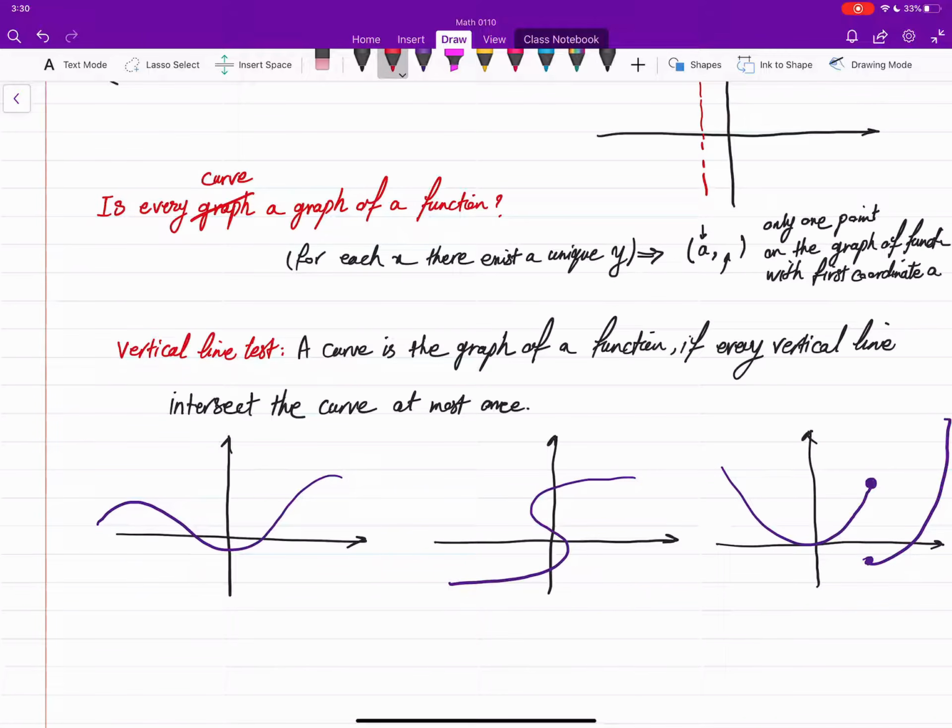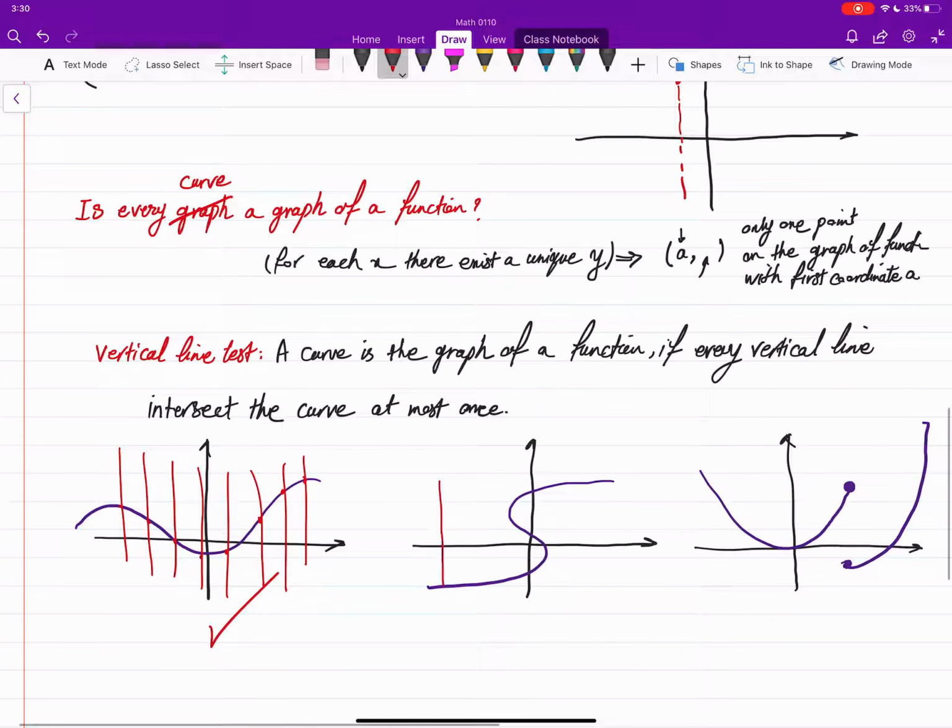The vertical line test says to draw any vertical line; it can intersect the curve at most once. Here for this one, so far so good, but then at this stage you suddenly get 3 intersection points, or here you get 2 intersection points. This means that it fails the vertical line test and it's not the graph of a function.